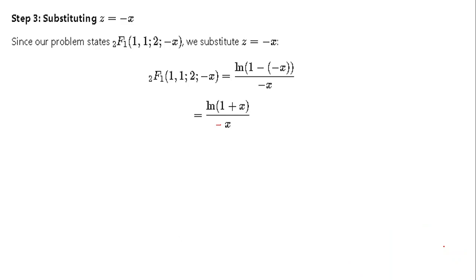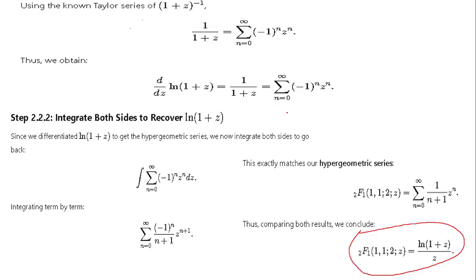We solve it and we realize that we have one minus. What happened here? 1 plus z over z, and we now substitute.